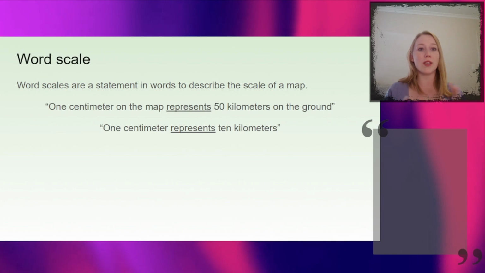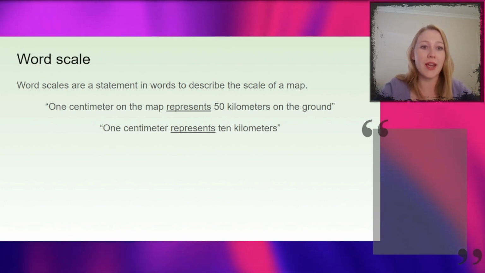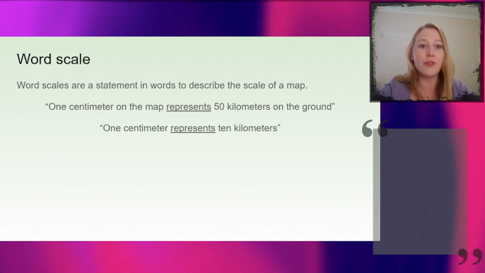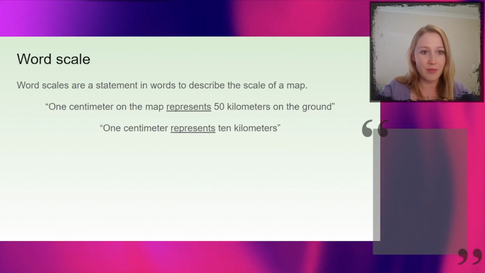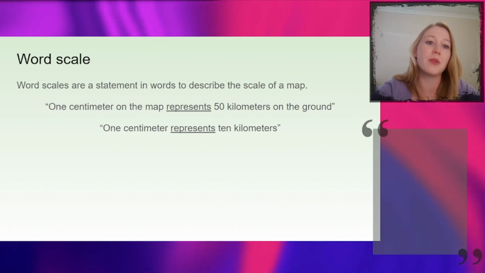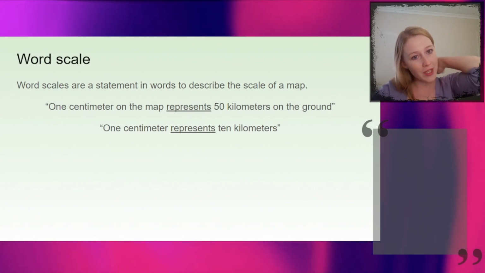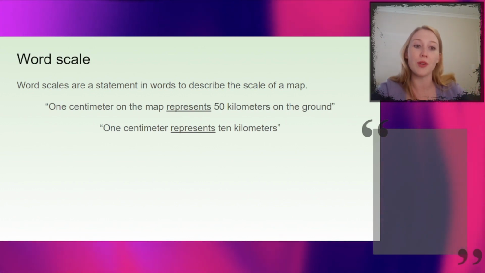Let's first consider what is a scale. So a map is obviously a smaller version of the real thing. That makes sense. I mean, the earth is quite big. We can't fit it onto a piece of paper without making it smaller. The scale tells us how much smaller it is from the real thing.